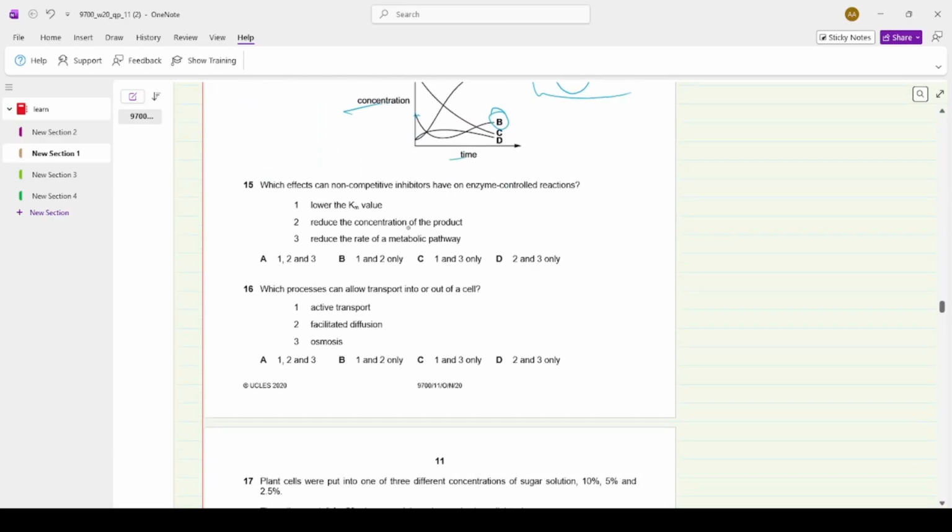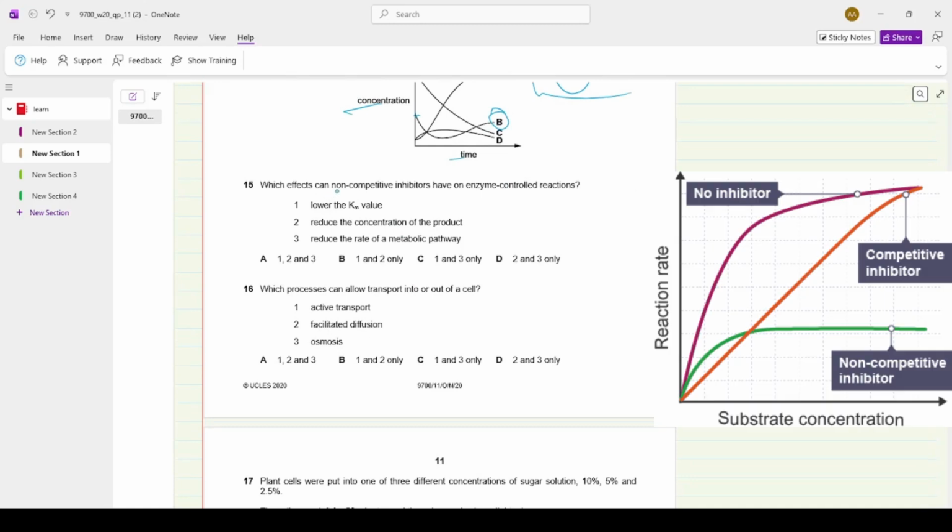Then number 15, which effects can non-competitive inhibitors have on enzyme controlled reactions? Lower the Km. So for non-competitive, we need to know its effect on Vmax. The Vmax is lowered, but then we need to remember that the Km remains constant.